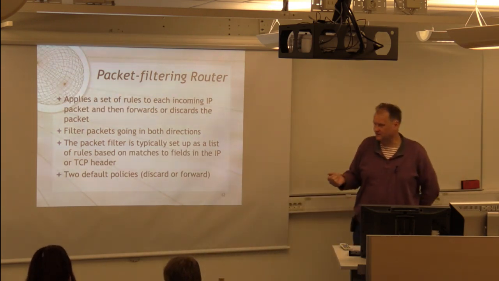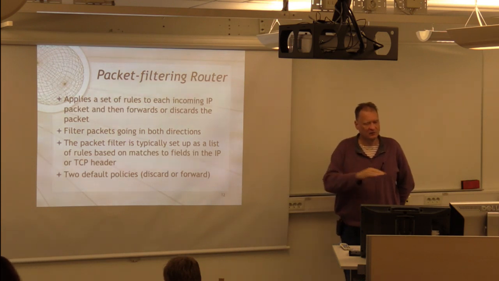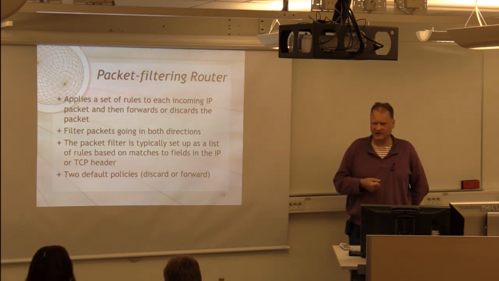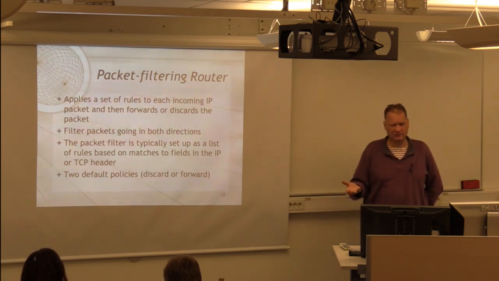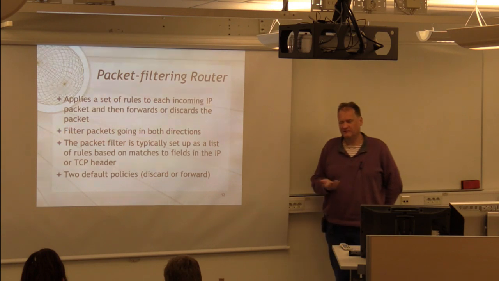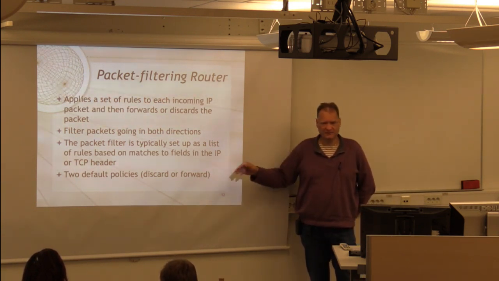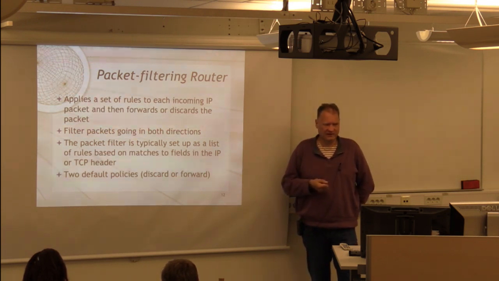So in that sense, our base rule is discard everything, and then we can specifically add rules for what we allow. Or we can turn it around and say that, well, we have a very forgiving policy. We will allow anything except things that we know are malicious, that we would like to drop.